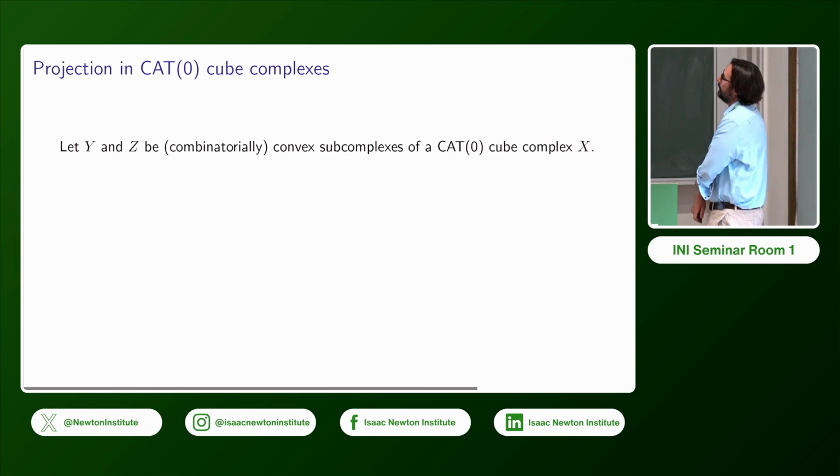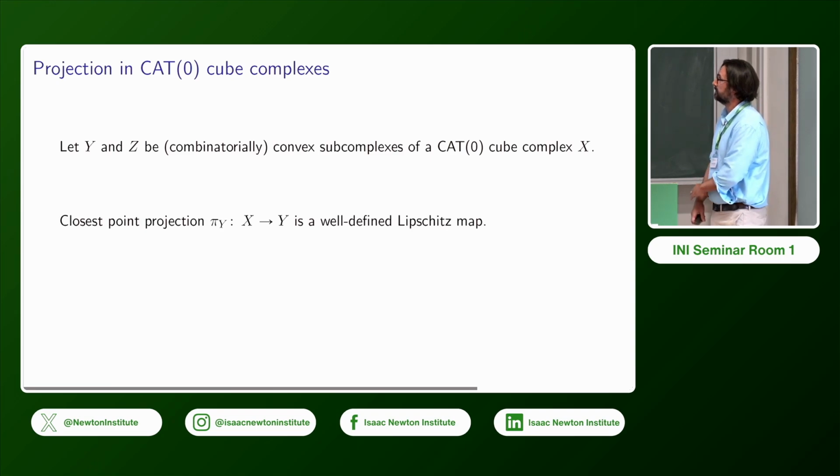So let me remind you some facts about projection in CAT(0) cube complexes. So in a CAT(0) cube complex with the combinatorial metric, suppose that you have some convex subcomplexes. There's a well-defined closest point projection map to such a subcomplex, and in fact it's Lipschitz, so it's distance non-increasing.